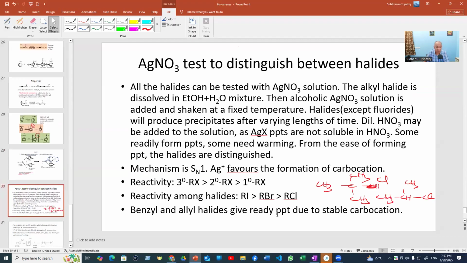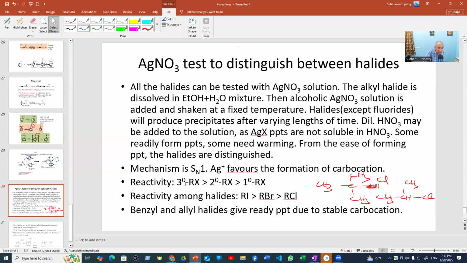And the most important part for your examination is this one, the silver nitrate test to distinguish between halides. You add silver nitrate solution and you get some precipitate. Silver nitrate gives silver chloride, a white precipitate, with chloro compounds, a light yellow precipitate with bromo compounds, and a yellow precipitate, silver iodide, with iodo compounds.